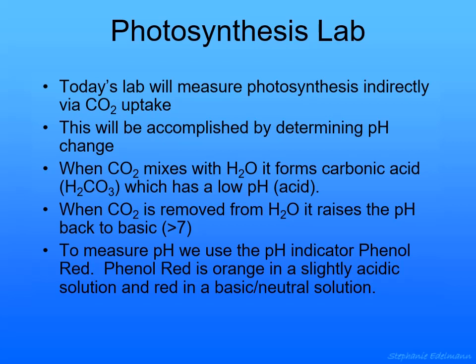Now, the way we measure the pH in this experiment is we use a pH indicator. A pH indicator is something that changes colors depending on the pH of the solution. And the pH indicator that we're using is called phenol red.